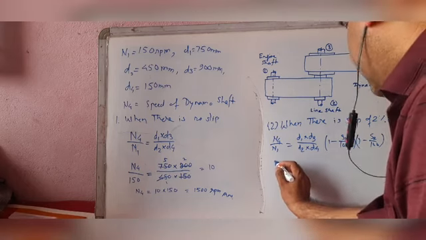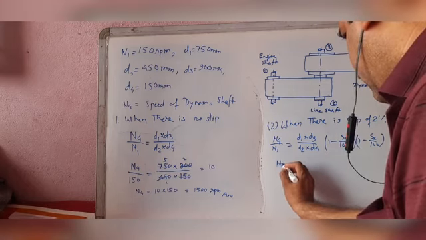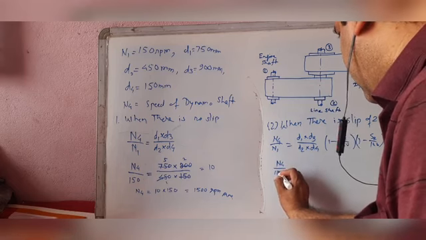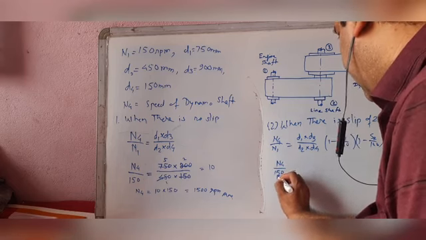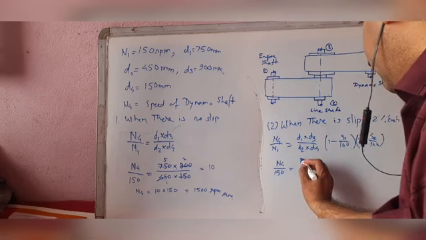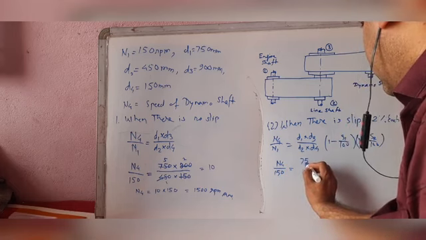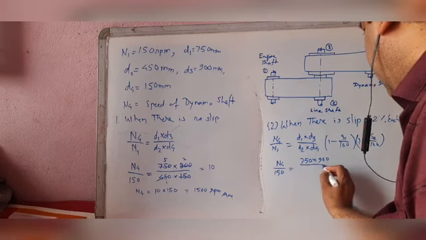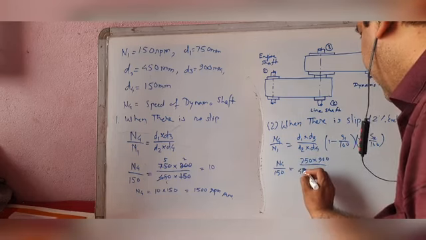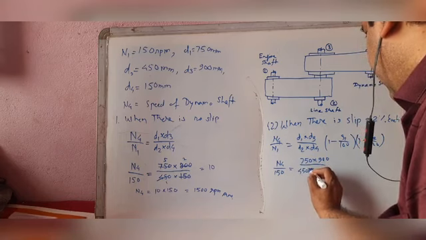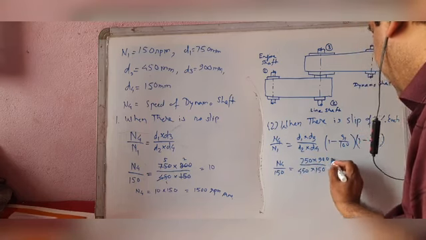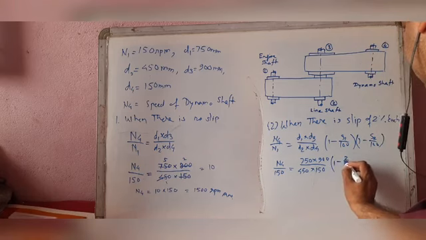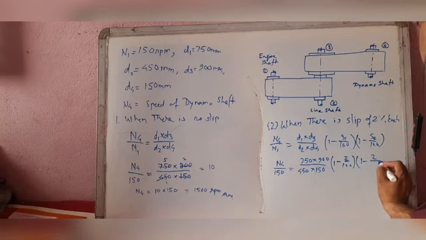So this is N4 by 150 equal to 750 into 900 by 450 into 150, into 1 minus 2 by 100 and 1 minus 2 by 100.